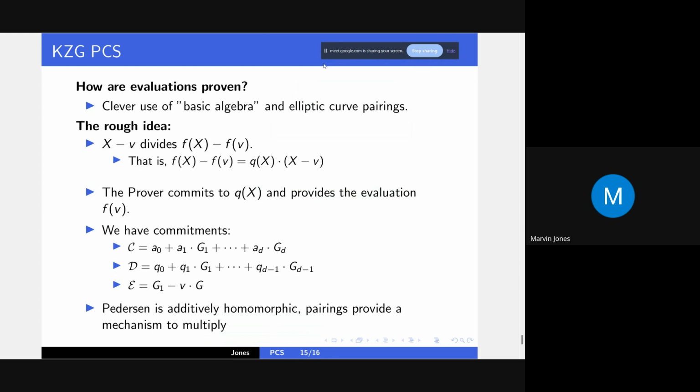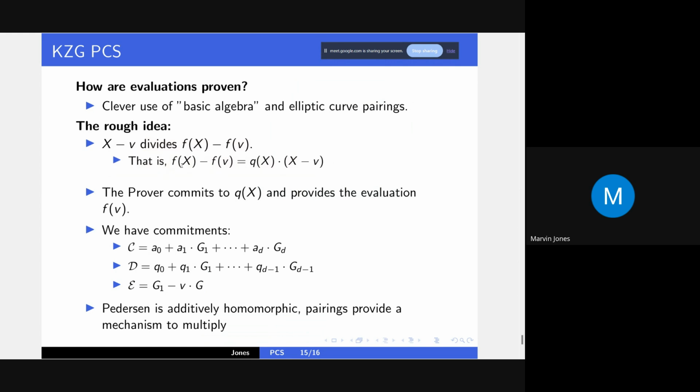But Pedersen commitments, which these 3 commitments all are, are only additively homomorphic, which means, yeah, if I take c plus d, then I get direct addition on the coefficients. But I would like to actually multiply, like d times e, so that I can use the f of v portion somewhere. So why we use elliptic curve pairings, if you go read the KZG paper, is because the pairings will allow us to do the multiplication that we want to do based on this portion right here.